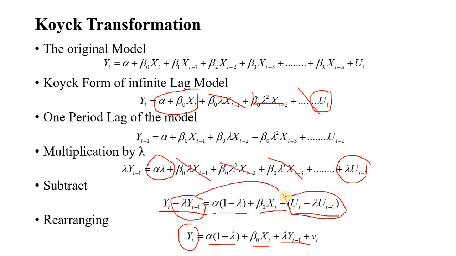By taking one period lag, multiplying by lambda, and subtracting, he derived a linear model. This is what is called the Koyck transformed equation.